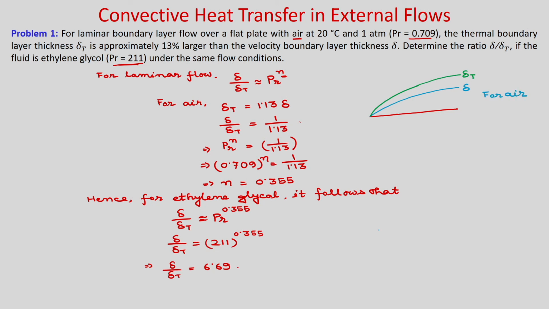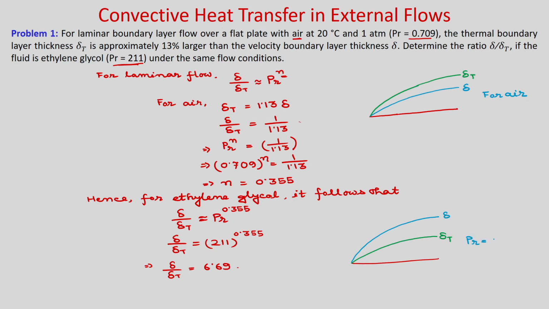And if you consider ethylene glycol, then if it is a flat plate, in this particular case this will be your thermal boundary layer and the hydrodynamic boundary layer will be higher, because Prandtl number is greater than 1.